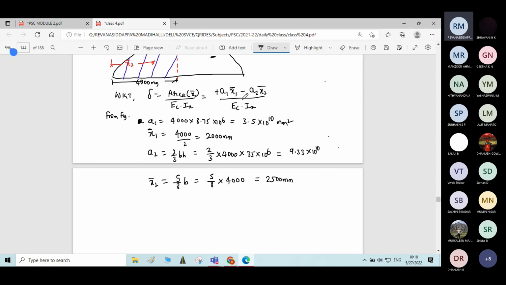Now every parameter is calculated. Just substitute all the parameters into this equation. You will get deflection due to prestressing force, that is delta PS.